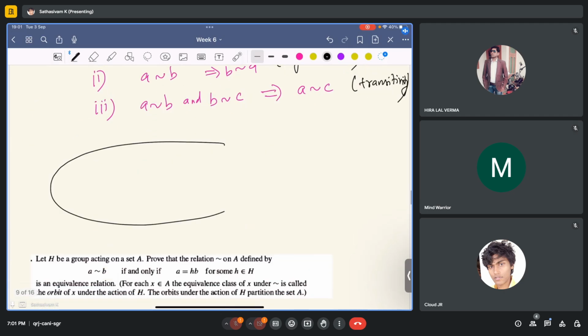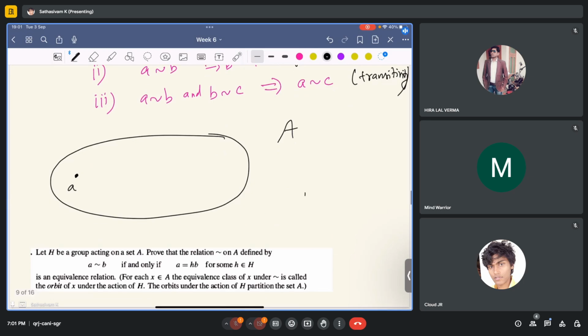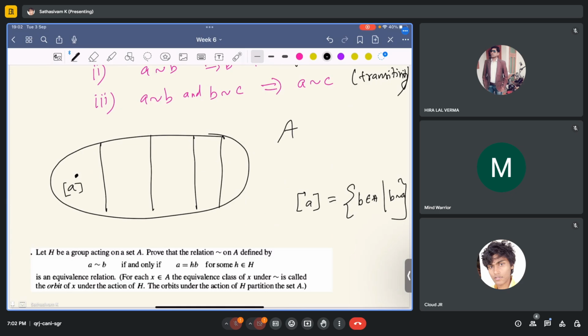So you have your set here, let's say A, and you take this A and define the equivalence class. This is the set of all B belonging to A such that B is related to A. Take all the elements that are related to A, and you can see that kind of partitions your set.